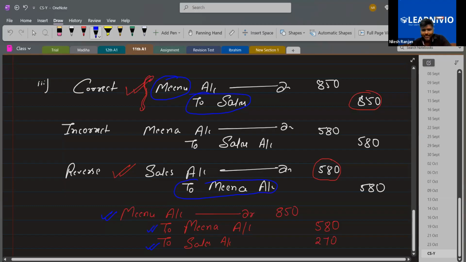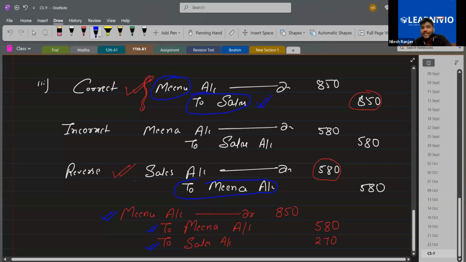But in case of sales, now there are two sales and I can only write one account on one side. So you cannot write sale on the debit side and sale on the credit side. It is not possible. So we have to write it on one side only. Sale is written on the side which is higher, that is 850. Sale on the credit side is 850.